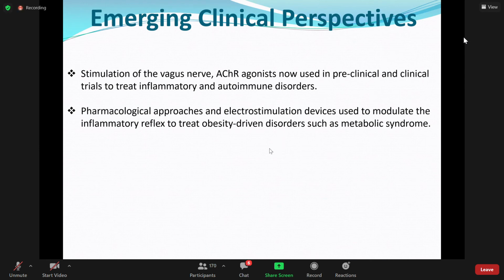For instance, for chronic inflammatory diseases like inflammatory bowel disease or rheumatoid arthritis, one strategy that is being trialed is to stimulate the vagus nerve to try to activate cholinergic receptors on the inflammatory cells to induce a parasympathetic response. Electrostimulation of certain parts of the brain is also being trialed with the aim of modulating the inflammatory reflex to treat physiological disorders with a chronic inflammatory etiology.